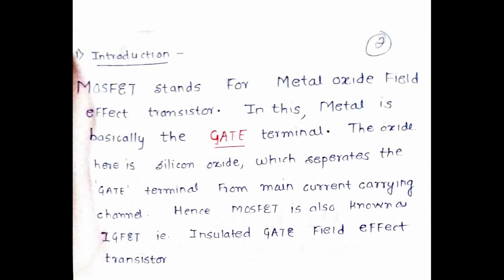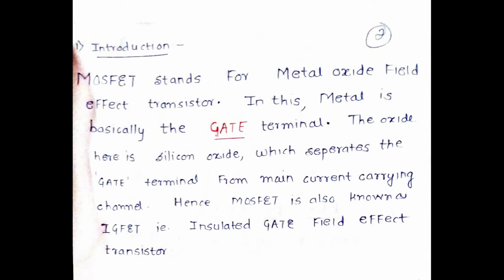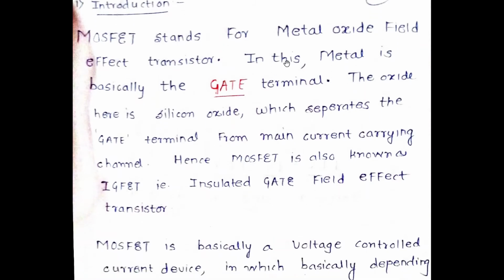So basically, what is a MOSFET? MOSFET stands for metal oxide field effect transistor. In this, metal is basically the gate terminal.